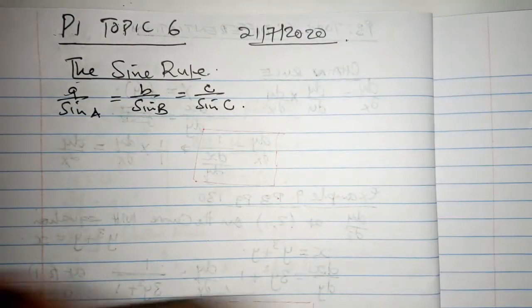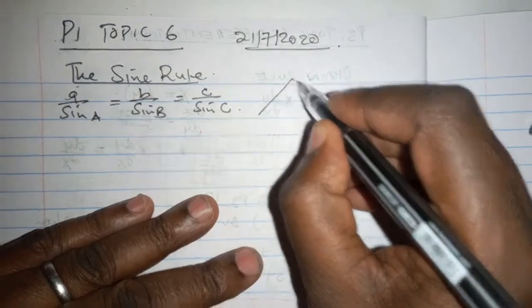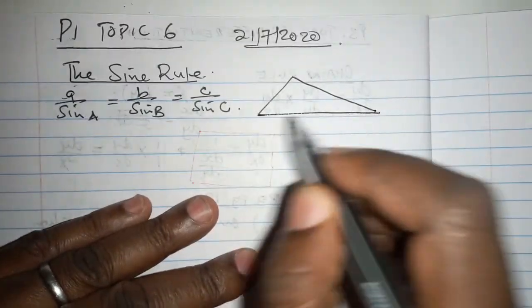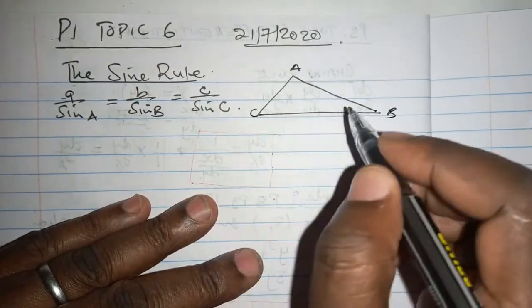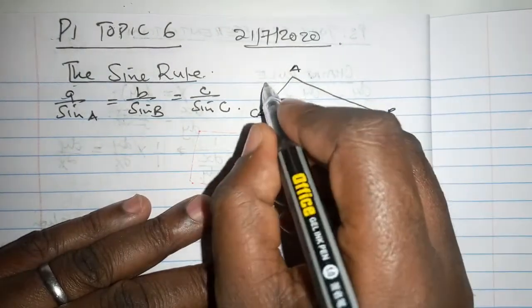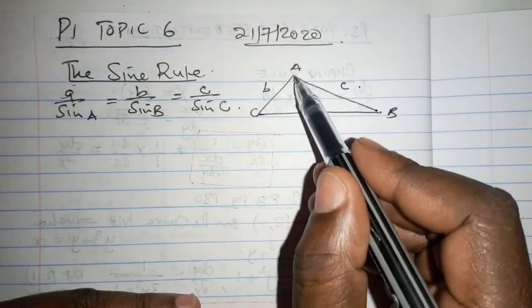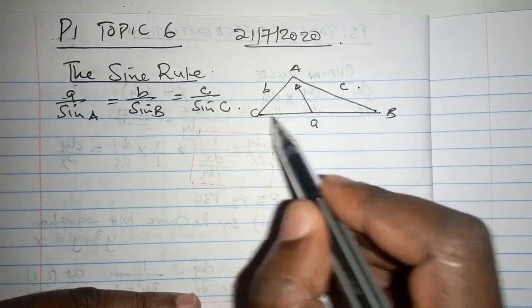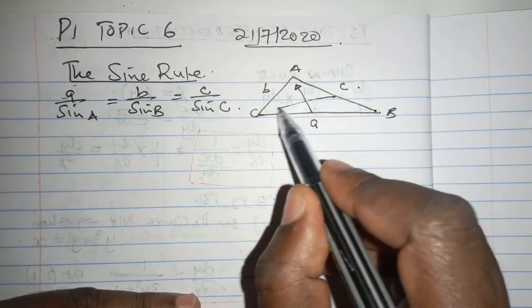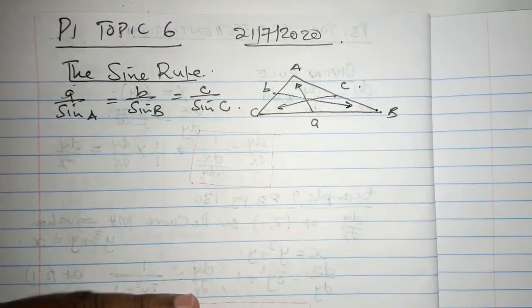And the sine rule is, of course, when we are talking about a triangle of this nature, and this is A, this is B, and this is C. This is side a, this is side b, this is side c. You can see a over sine A, b over sine B, and c over sine C. It moves that way.